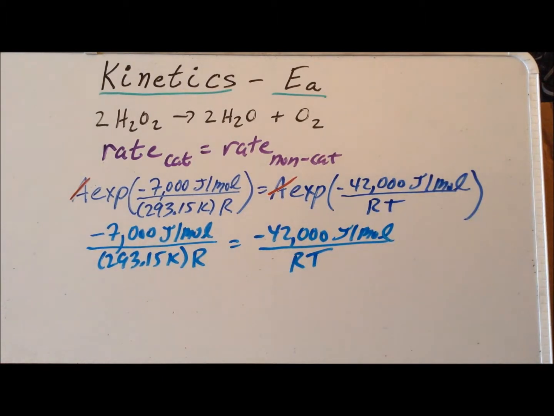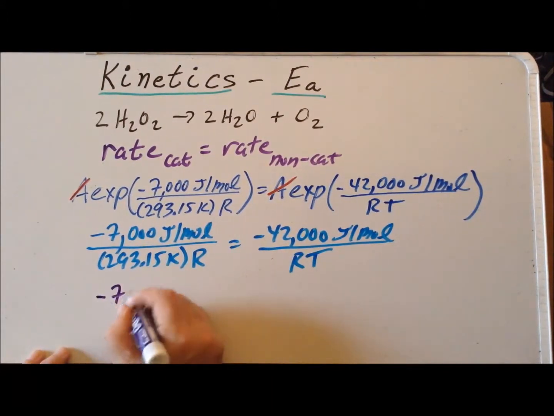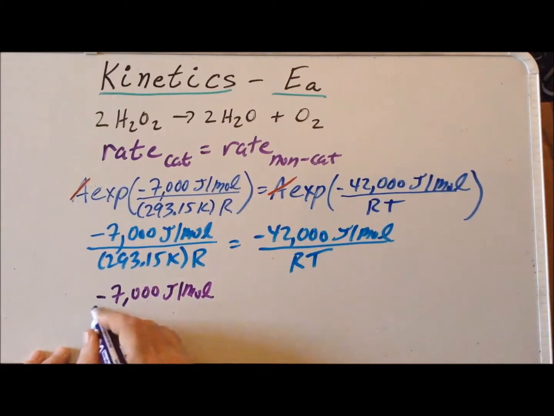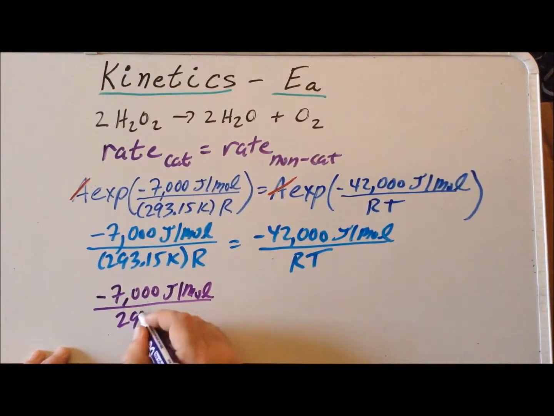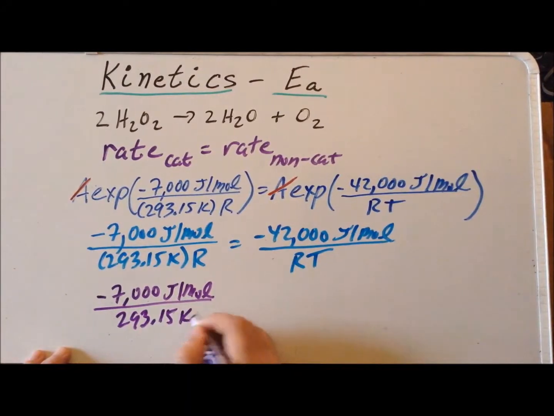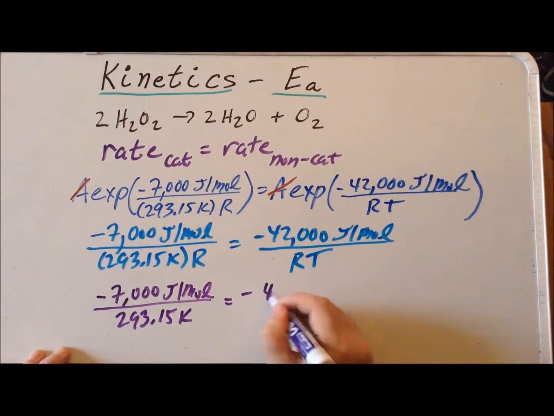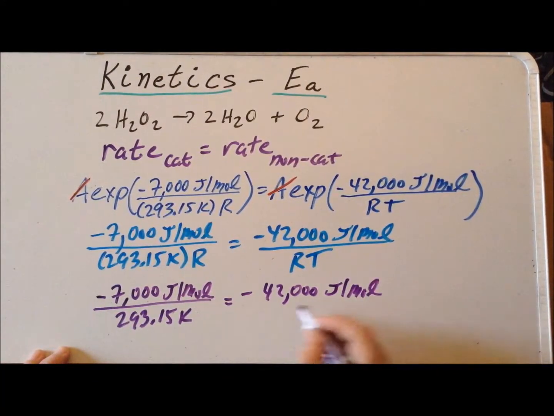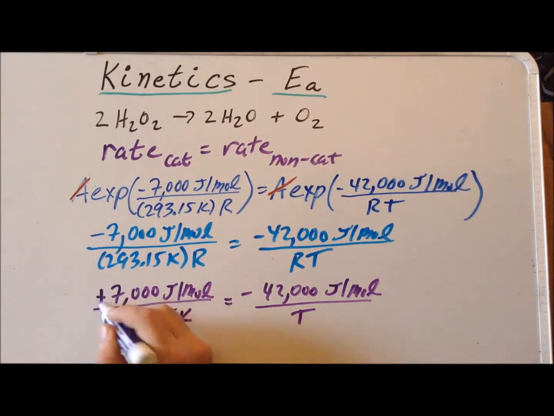For the next step, simply multiply each side of the equation by the gas constant R, which gives us minus 7,000 joules per mole divided by 293.15 Kelvin equals minus 42,000 joules per mole divided by T, and then we'll take the liberty of multiplying again each side by minus 1, which makes both sides positive.